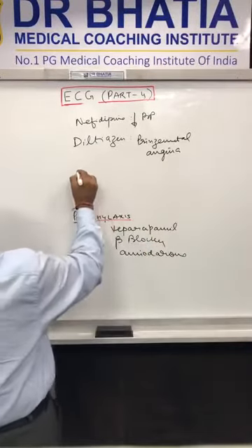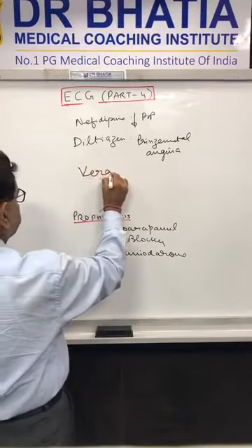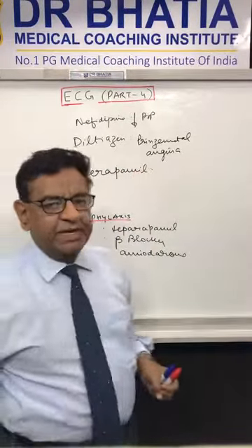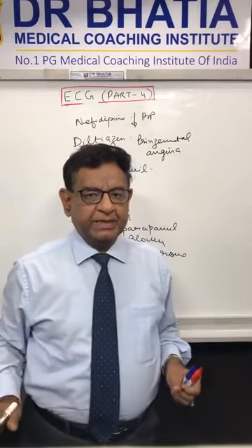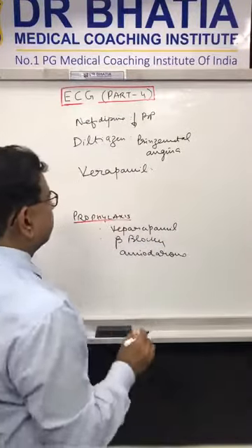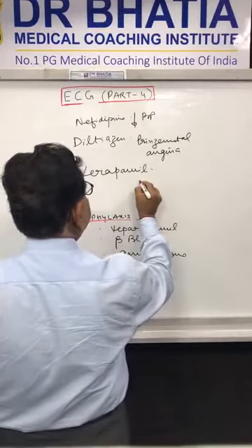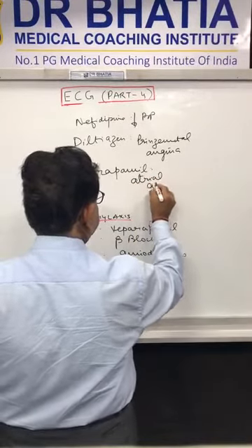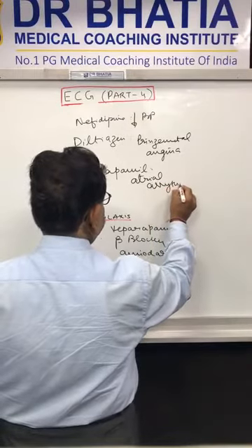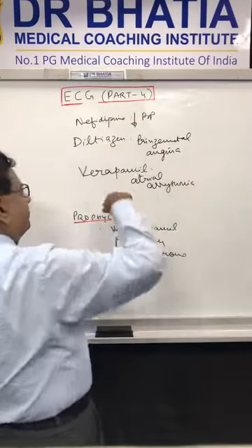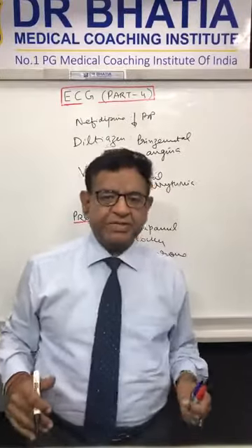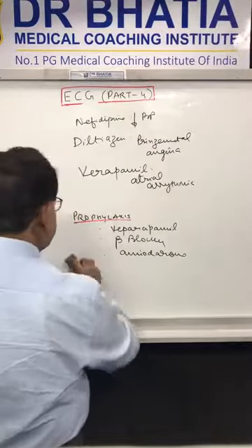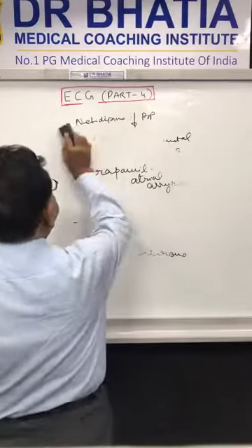And as far as verapamil is concerned, it has action mainly on the conduction tissue. That's why it is used in arrhythmia, especially atrial arrhythmias. So now, with the basic fundamentals of the mechanism of action, you know why we are using verapamil for prophylaxis of PAT.